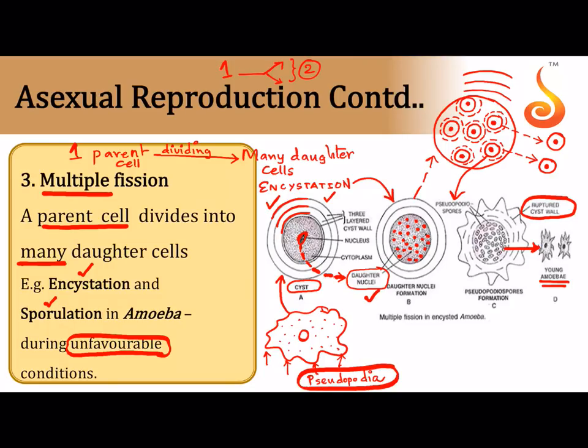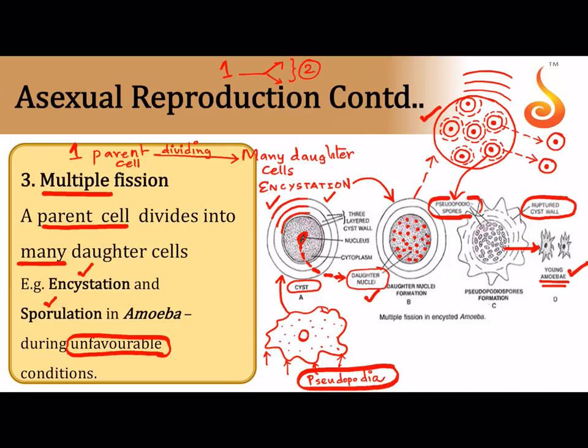Each of the daughter nuclei get enveloped by cytoplasm and develop a membrane around themselves. And they emerge when the cyst wall breaks. What do these daughter cells emerge as? Pseudopodiospores. And what do they develop into? They develop into young amoebae.